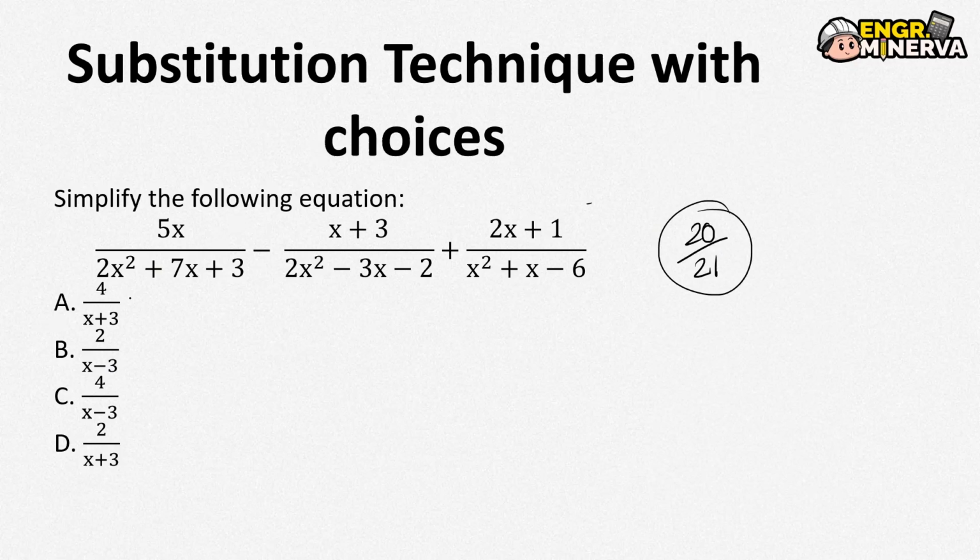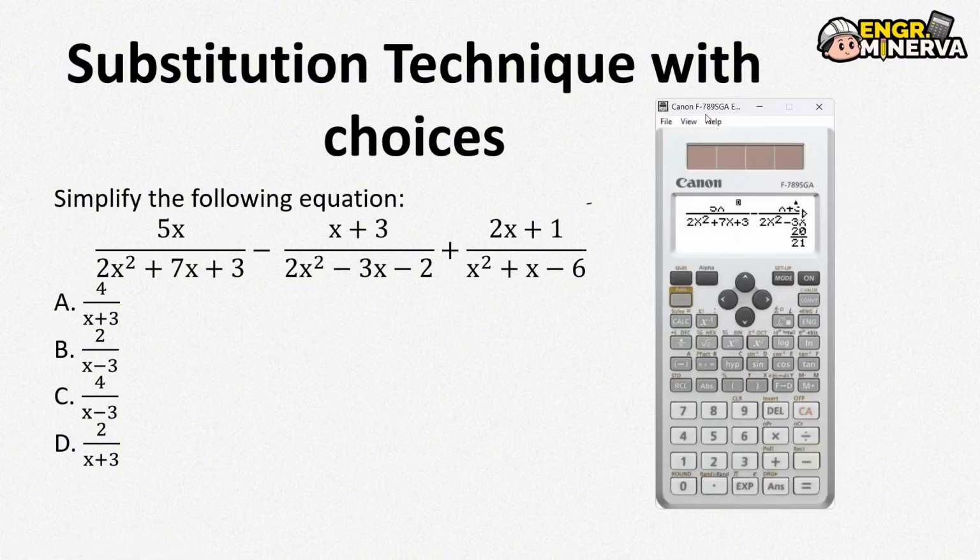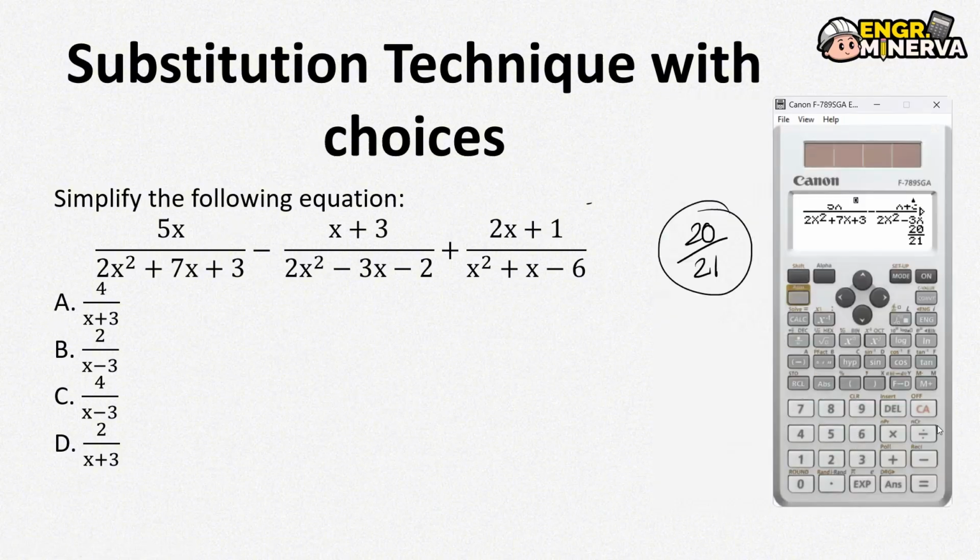Now we will use the choices to find the correct answer. First, choice A is 4 over x plus 3. Let's use calc, 1.2. So the correct answer is letter A. If you don't mind, we will just check the rest of the choices.